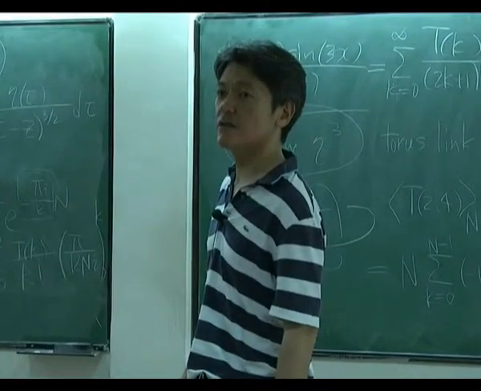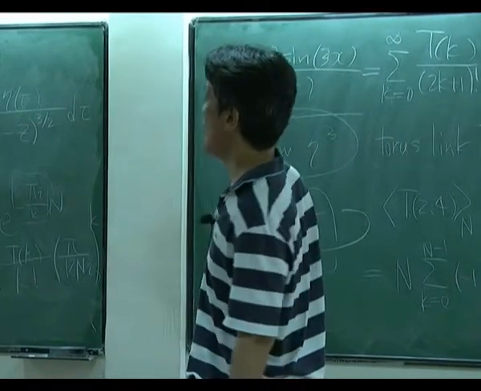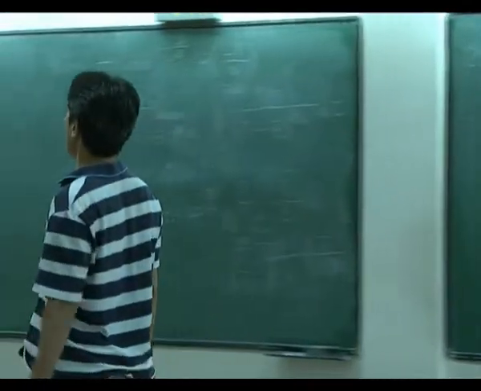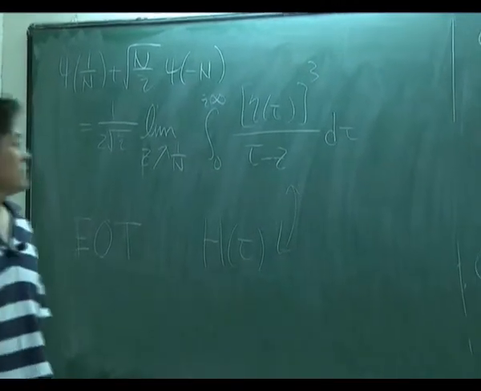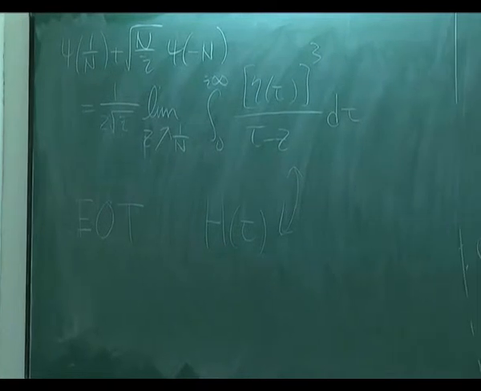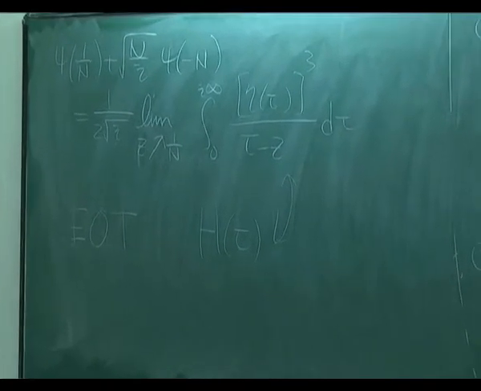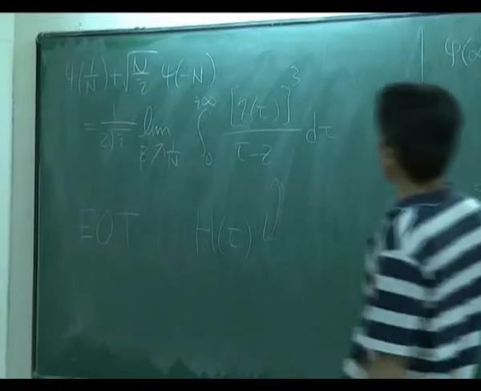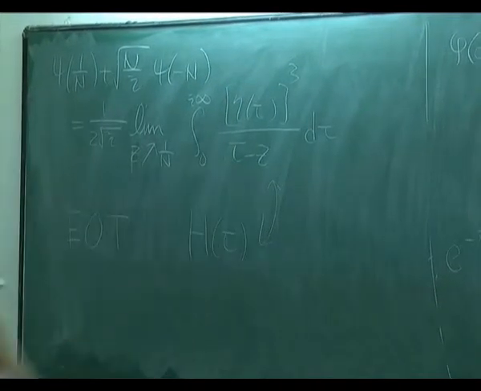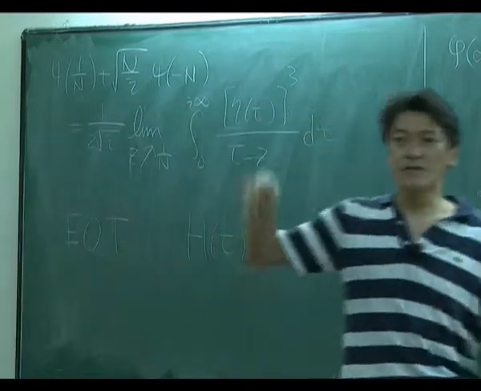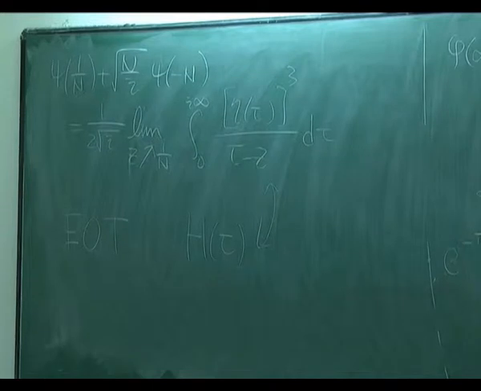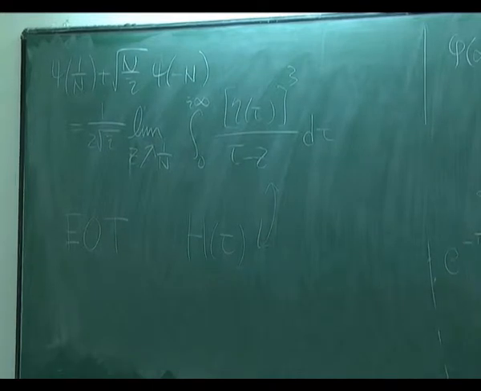Does psi have any relation to H of tau, the function you began your talk with? In some sense, we can regard it as a limit of the H function to the rational number, but I do not have a precise relationship with H tau.